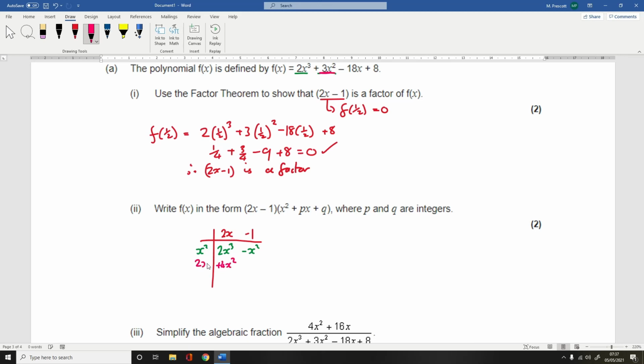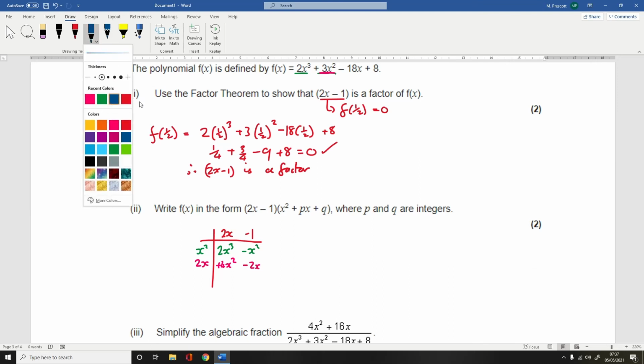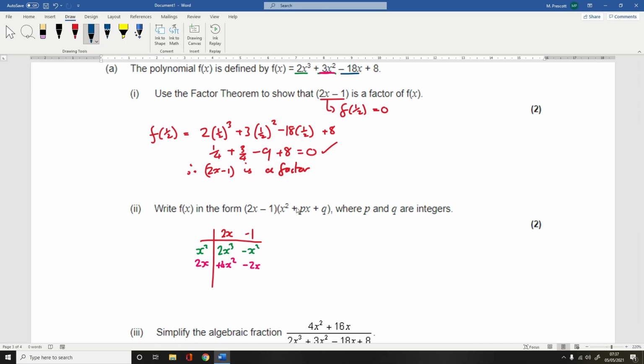So this is 2x, so this is minus 2x, but we don't want 2x, we want minus 18x. So that means this is going to have to be minus 16x, so this is minus 8, so this is plus 8, and plus 8 is exactly what we expect to get at the end. So our factorization would be 2x minus 1, x squared plus 2x minus 8. Done.